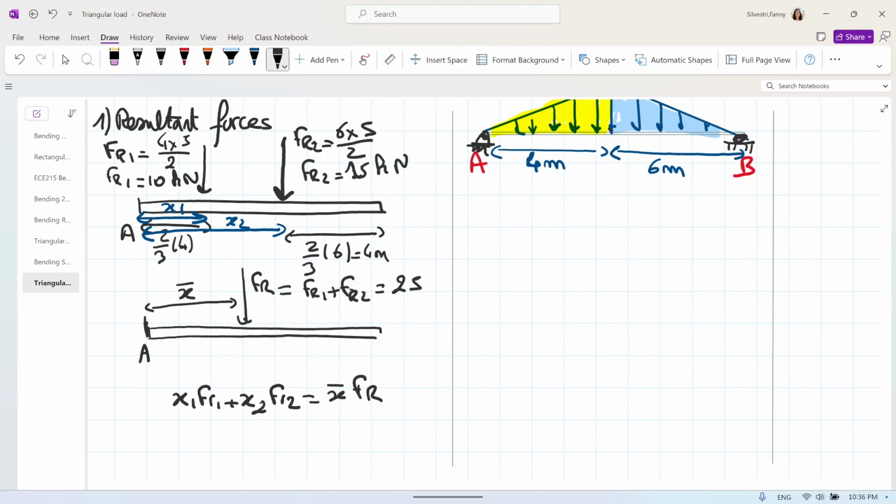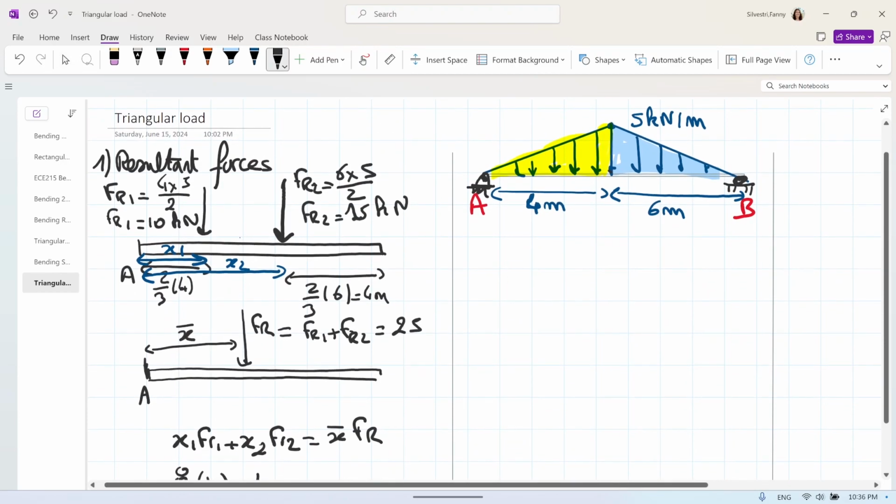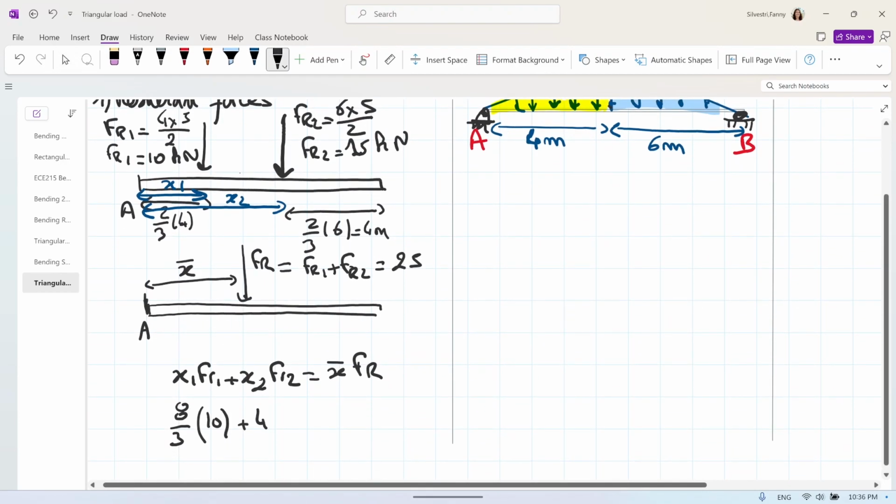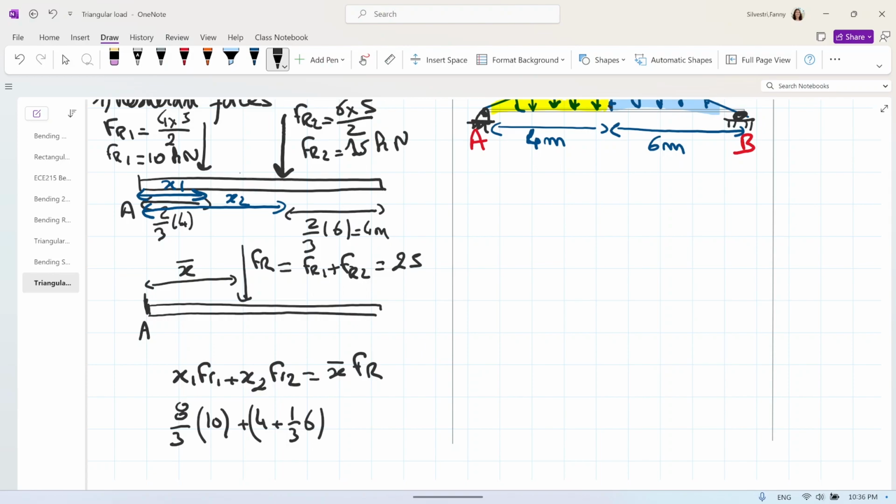So X1 is 8 divided by 3, the distance. FR1 is 10. X2 will be 4 meters, so the distance of the first triangle, if we go back there, 4 meters, and 1/3 of 6. So plus 4 plus 1/3 of 6 times FR2. FR2 is 15 kilonewton, equal X bar times 25.